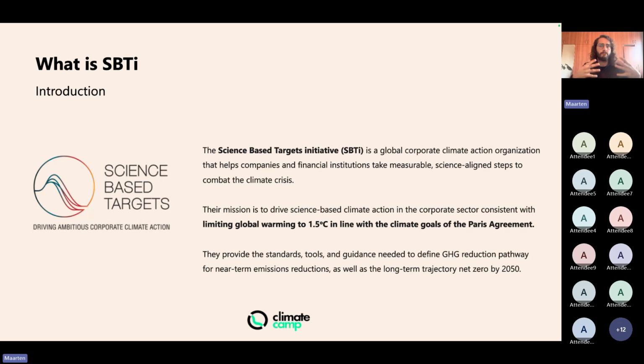What they do is they provide the standards, tools, and guidance needed to set these targets and reduction pathways for near term, but as well corporate net zero towards 2050. They are not a consultancy. They are an information hub as well as a validation center for validating your targets.